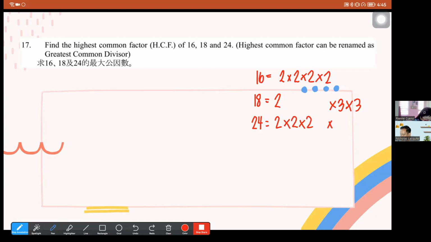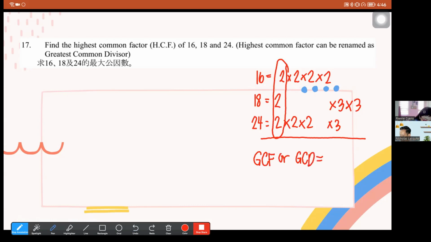So among the 3 rows that you have, what is the common between them? The only common is this number here, right? So the answer here, the GCF or the GCD, is equal to 2.